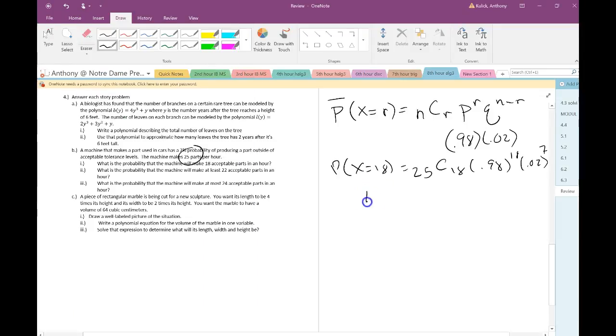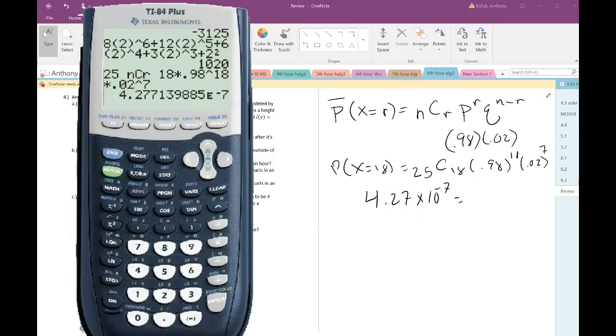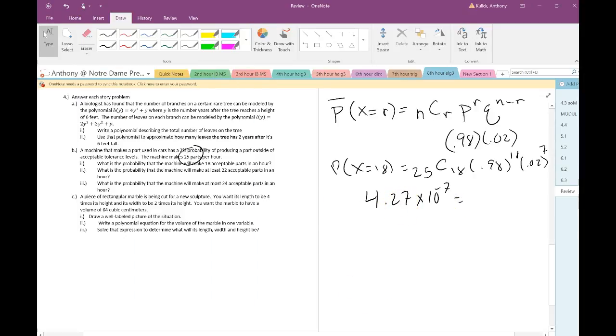This is really just 4.27 times 10 to the negative 7. Not 7, negative 7. So that is basically 0.000000, so 6 zeros and then a 427. Or if you want this as a percentage, we'll multiply that by 100, and you'd have 0.0000427%. Any way of representing it is okay there.